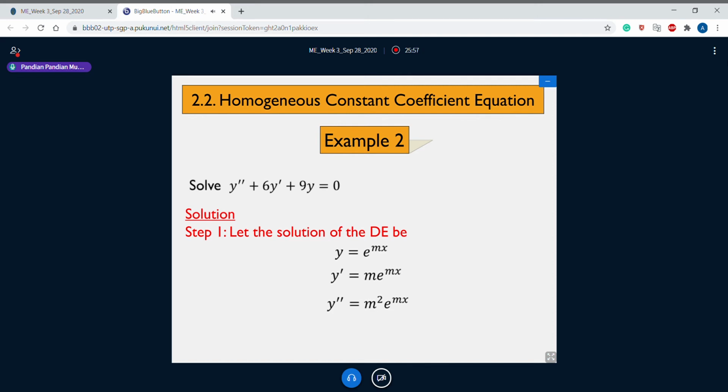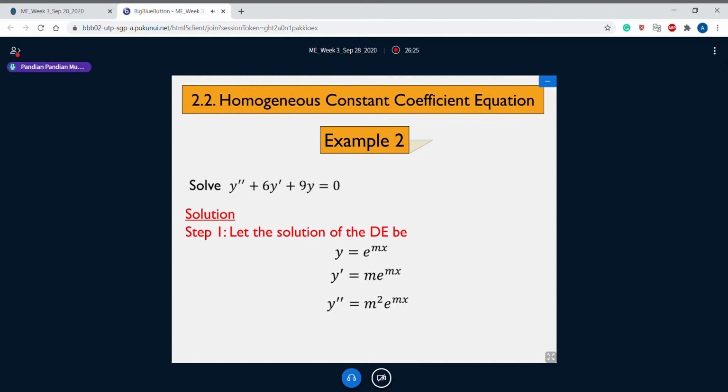In this case, your a is 1, m squared plus your b is 6m, your c is 9, equals 0. So you can factorize also, m plus 3, m plus 3. So m1 is minus 3, m2 is minus 3. If you directly solve, you can find the root.